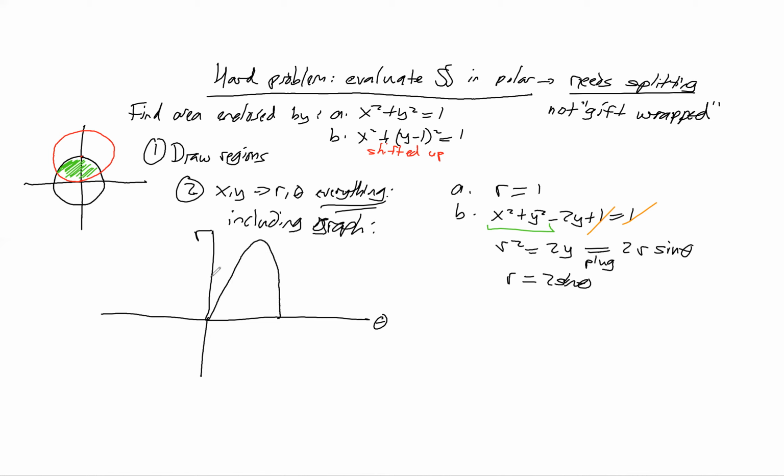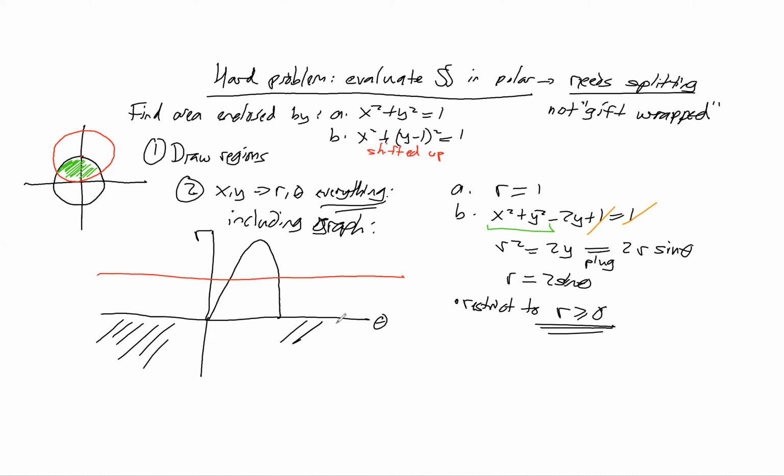And 1, well, it's just 1, right? So not much to draw here. And a key point is that we restrict to r greater than 0. So I'm ignoring everything out here and over here in the graph. So we don't want to deal with negative radiuses, right?